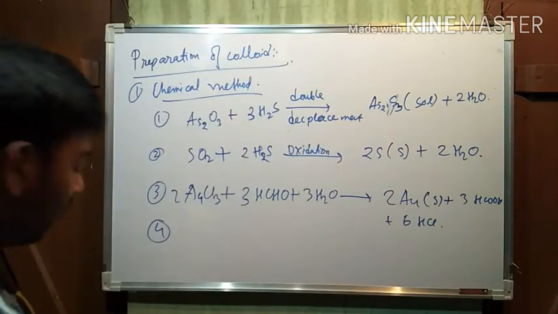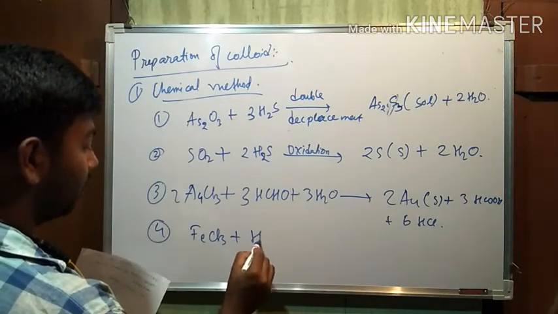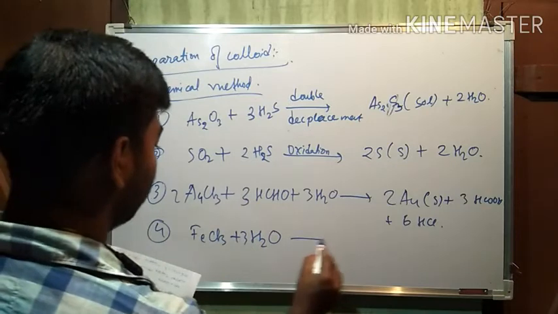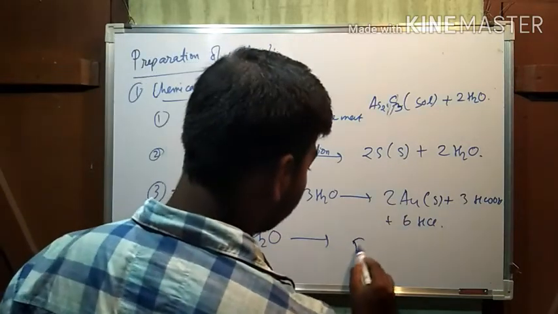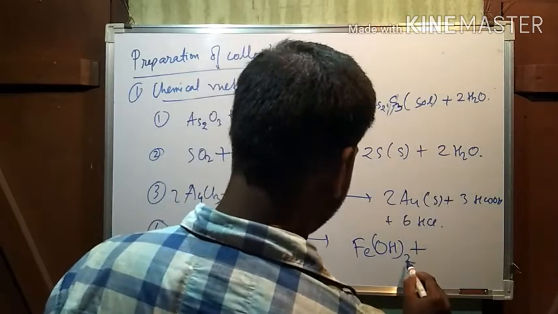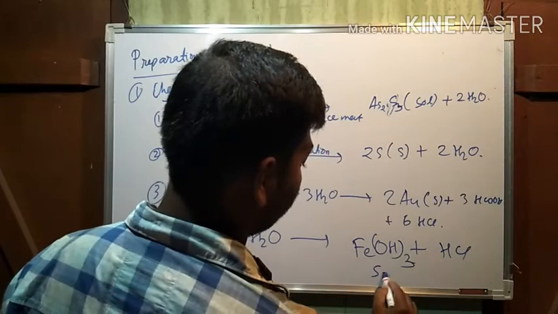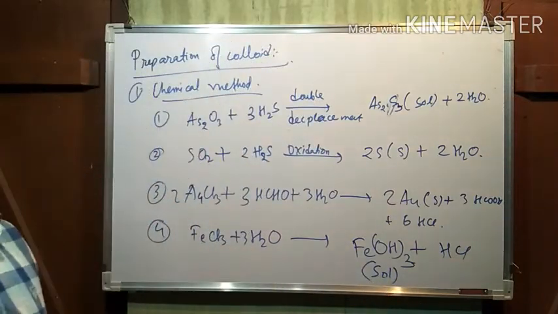And the fourth one is the hydrolysis reaction, between FeCl3 plus water. Simply hydrolysis, it produces Fe(OH)3 plus HCl. This one is a salt. That is correct.